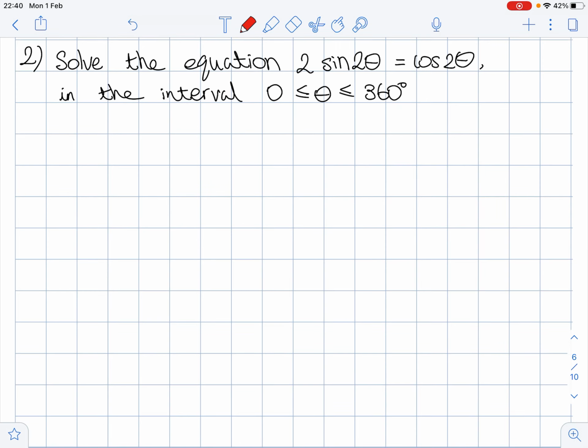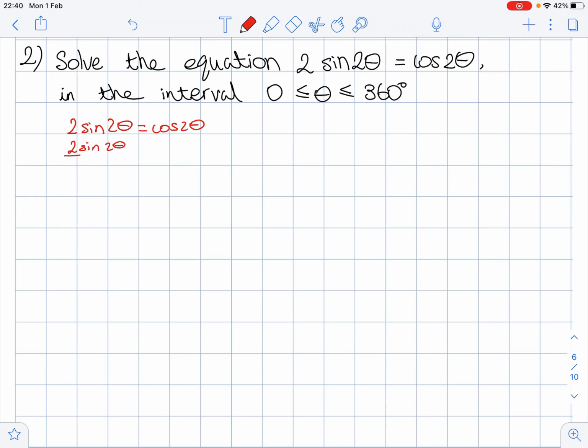So let's look at question 2. Solve the equation 2 sin 2 theta equals cos 2 theta. Again, we're always going to solve our equation to find our principal values. So we have 2 sin 2 theta equals cos 2 theta. We're going to rearrange this by dividing both sides by cos 2 theta.